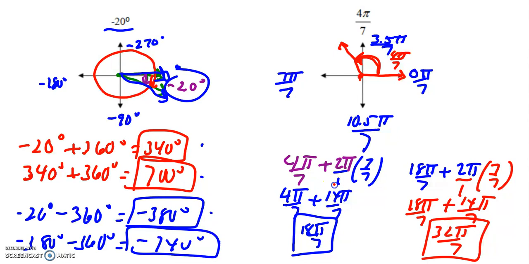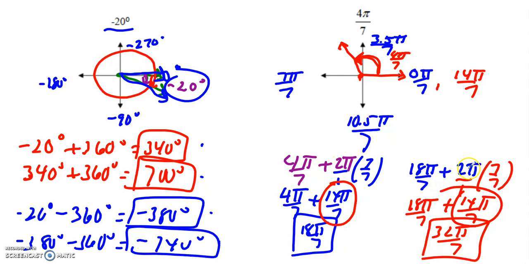Now, some of you might notice that 14 pi over 7 was used both times. If you come back up here, if you added another 3.5, that would be 14 pi over 7, which reduces to 2 pi, so it makes sense that it came up here.